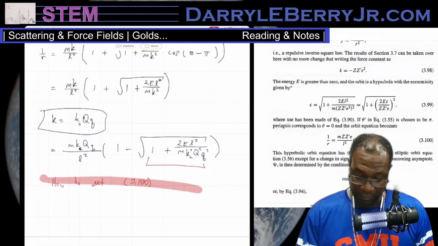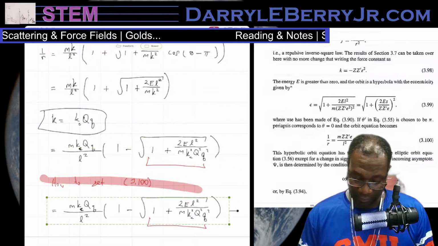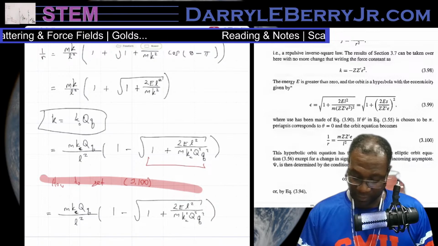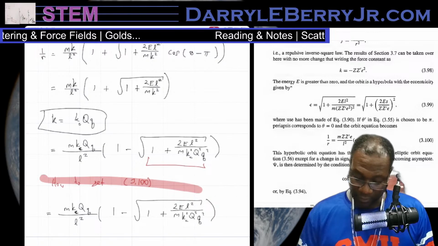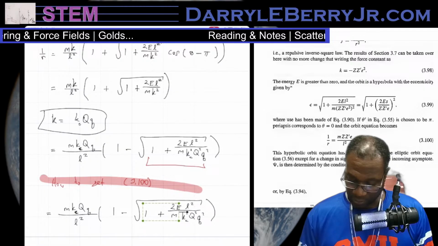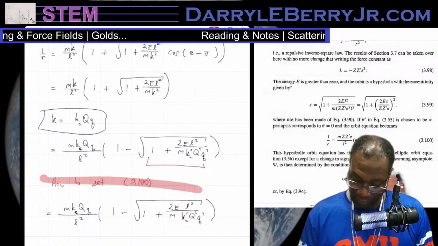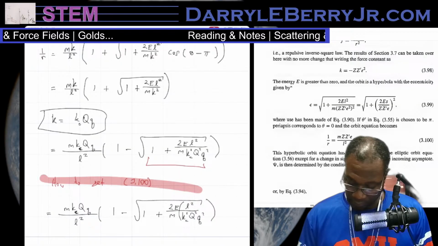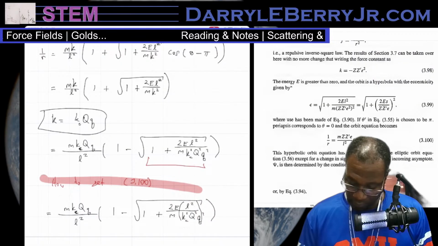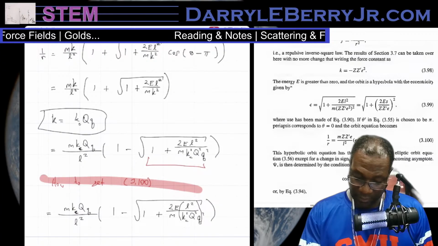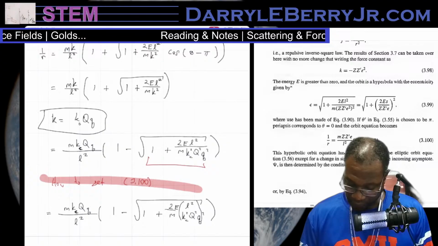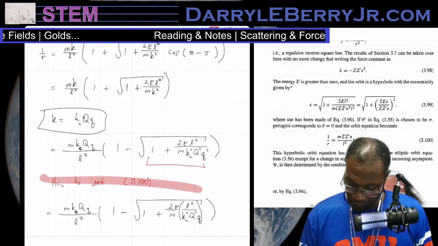But looking at this, if we have this, these two, and these squared, these squared, this will have a square.